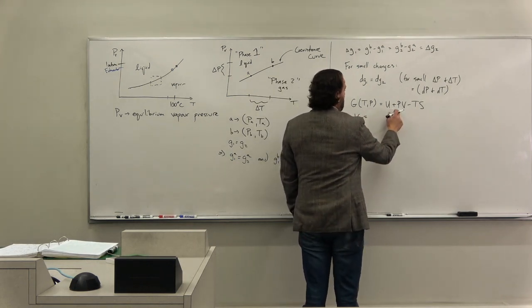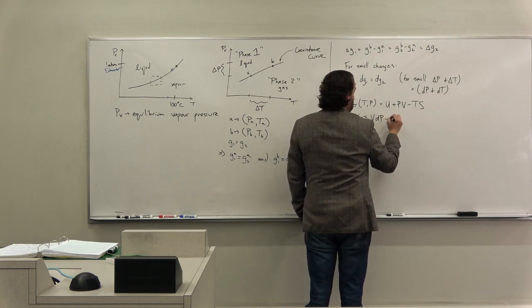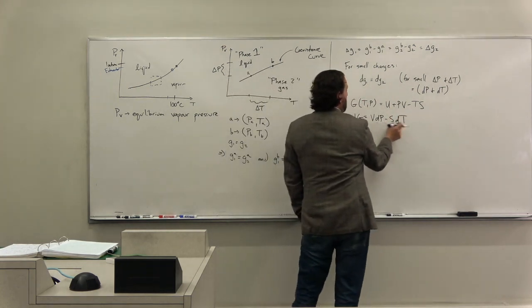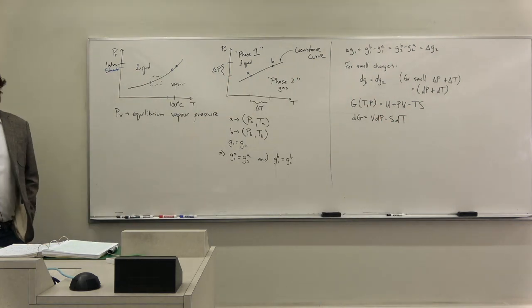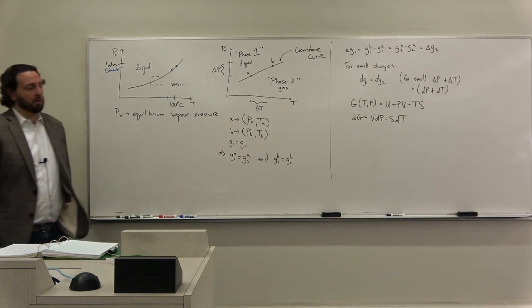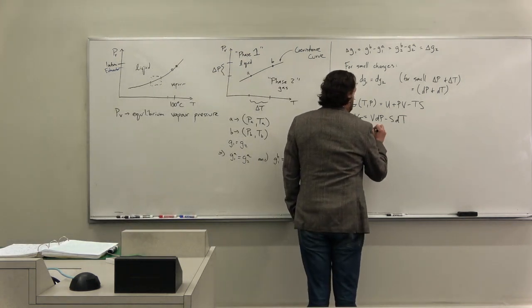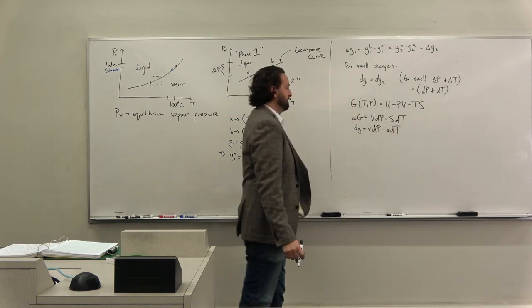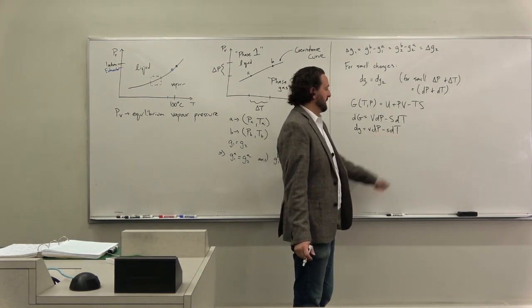It must be V dP minus S dT, because the differentials must be my relevant thermodynamic variables. All right, so let's write this in terms of little g, because that's what we're really looking for. Little dg is little v dP minus little s dT, because v and s are my extensive variables and P and T are my intensive.